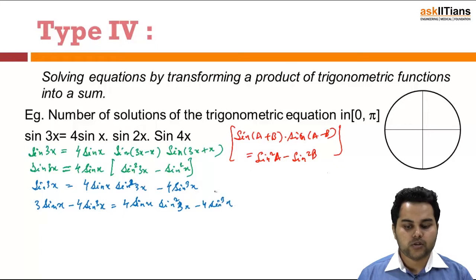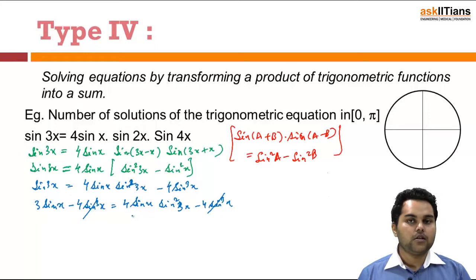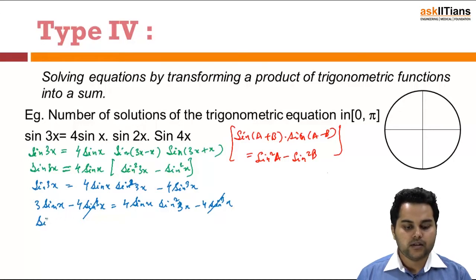So 4 sine cube x would cancel out on both sides, and I'd be left with 3 sine x minus, if I transpose the right hand side, the residual term, that is 4 sine x sine square 3x on the left hand side. So the equation would then become 3 sine x minus 4 sine x sine square 3x, of which sine x would be taken common, and I'd be left with 3 minus 4 sine square 3x is equal to 0.